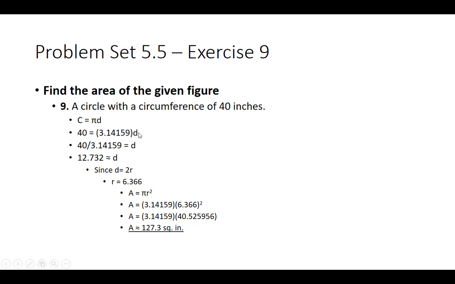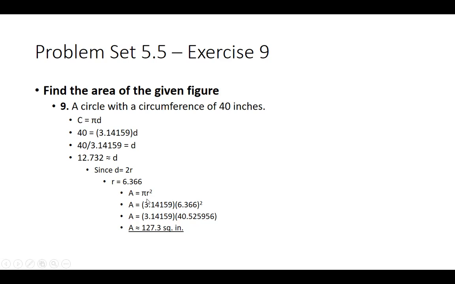To get d by itself, we divide both sides by 3.14159, and 40 divided by 3.14159 is 12.732. So that's approximately our diameter. Since the diameter is twice the radius, we divide the diameter by 2, and we get that the radius is 6.366, and we use that for the area calculation.